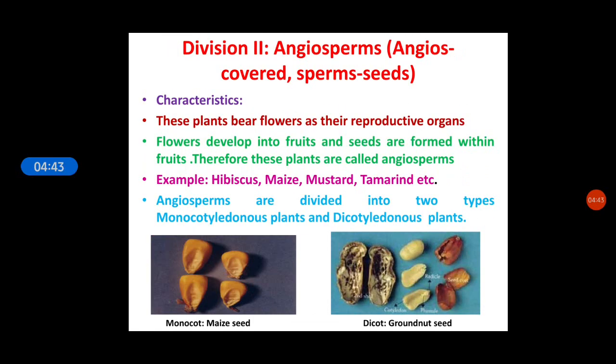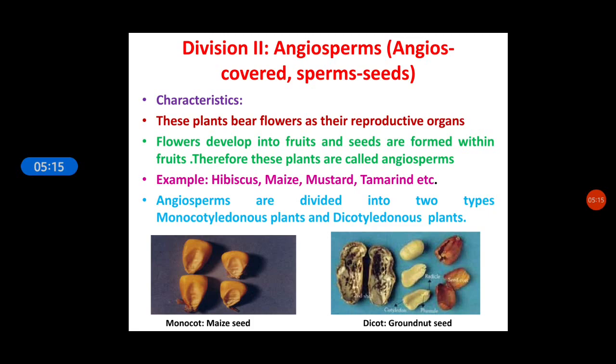The second division which comes under the phanerogamy is angiosperms. The word angio means hidden and sperma means seeds. These are the flowering plants and they have the seeds enclosed within fruits. Flowers are the most attractive parts of the angiospermic plants. They add to the beauty of these plants. Flowers attract insects and birds and help in pollination.